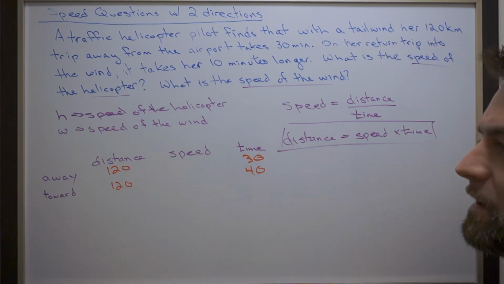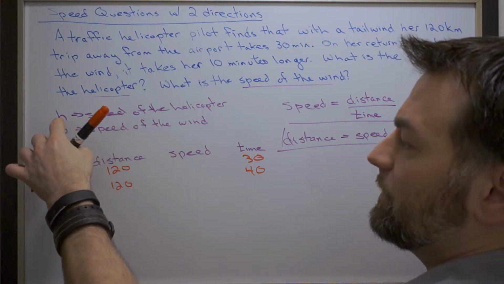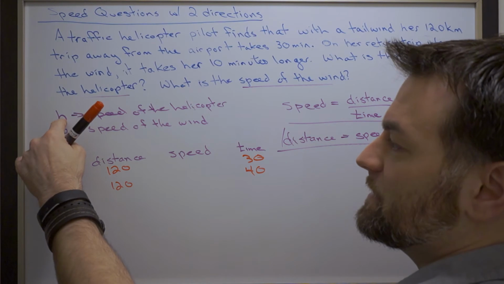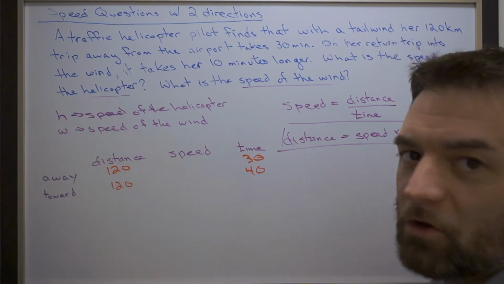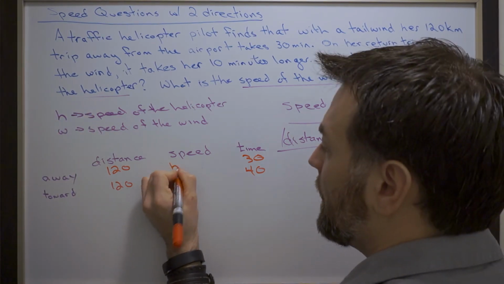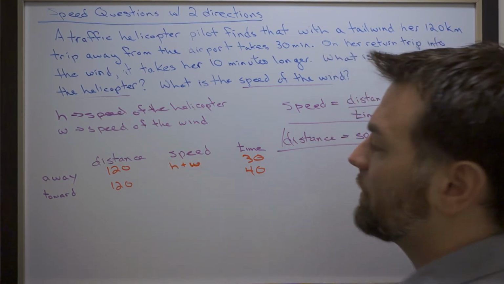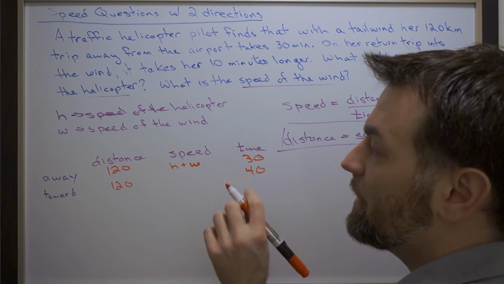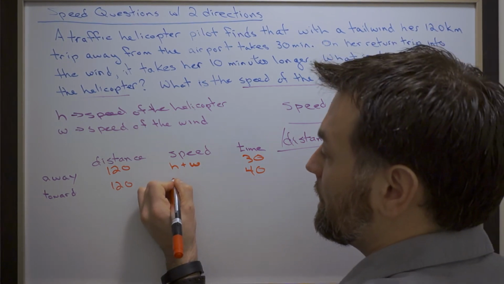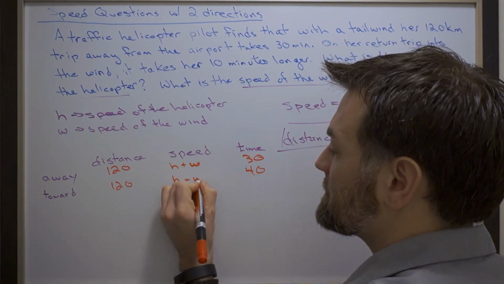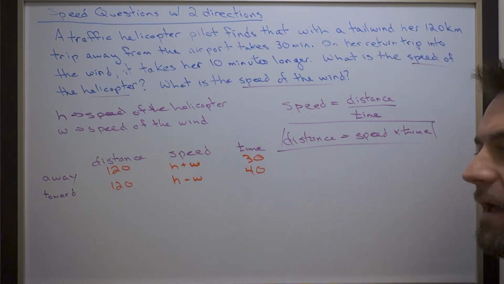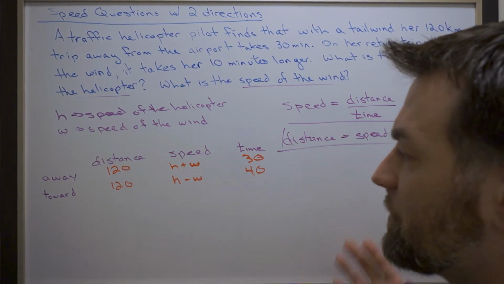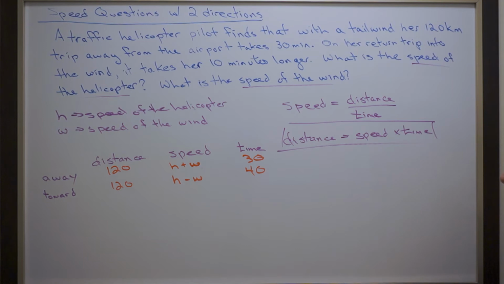Now the speed of the helicopter away from the airport is the speed it's going, plus it's also getting pushed by the wind to go faster with that tailwind, so the speed is the speed of the helicopter plus the speed of the wind. The total speed going back is the speed of the helicopter minus the speed of the wind, and that gives us all the information we need to create our equations.